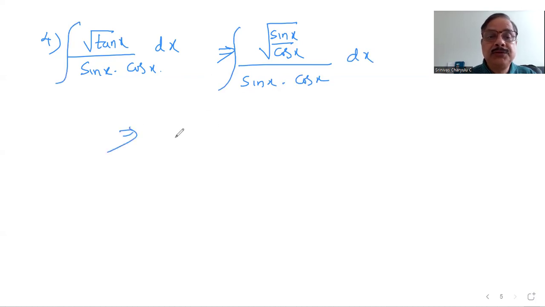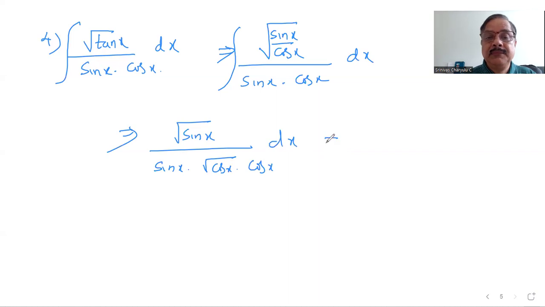So now root sin x, you just split it like this. Denominator sin x is there. This root cos x, write down here. Here another cos x is there. Next step. This root sin x divided by sin x will become root of sin x now. Correct or not? Yeah. Then sin x by cos x.